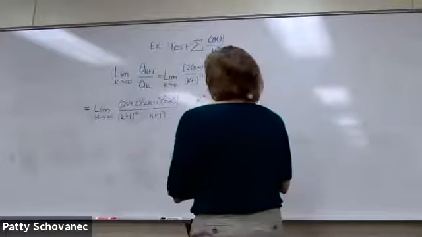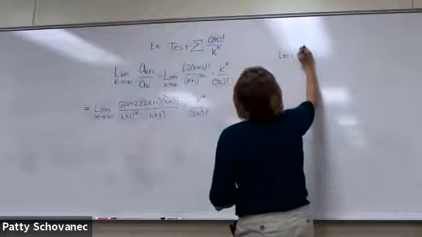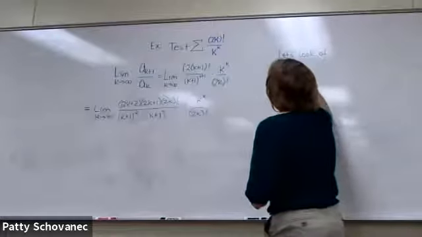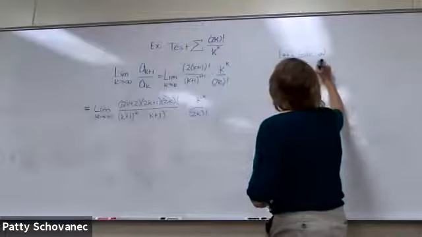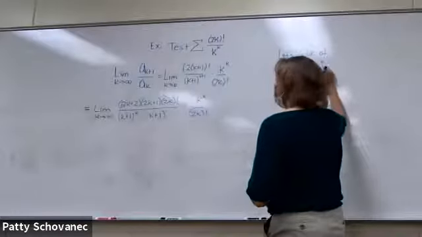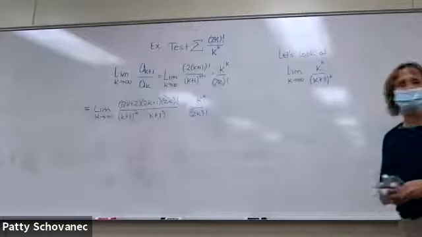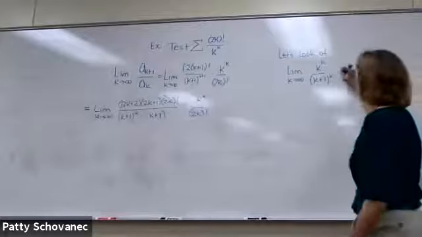So let's look at the limit as k goes to infinity of k to the k over k plus 1 to the k, which I'm going to put together like this.